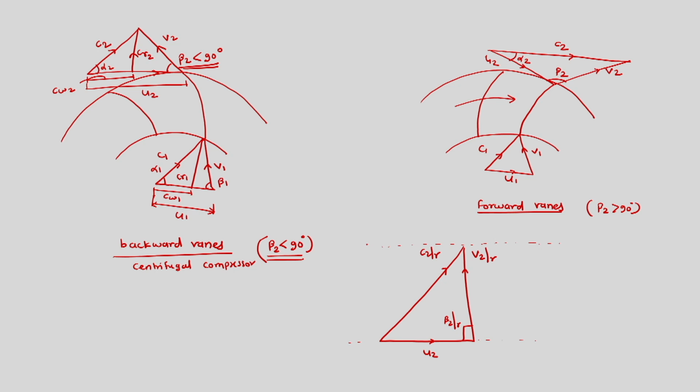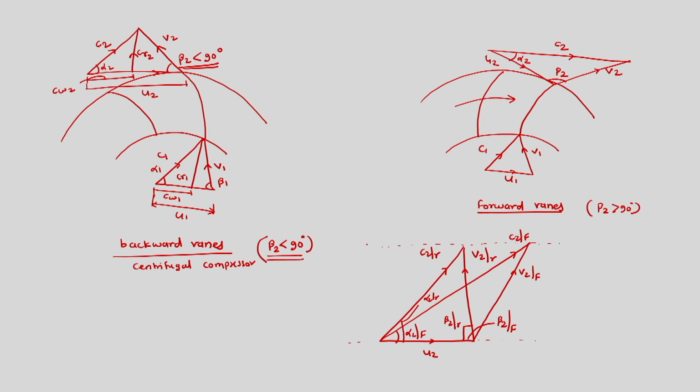So for forward sweep we have beta 2 more than 90, so this would be the option for us, where this is V2 for forward, this is C2 for forward, and this is beta 2 for forward, this is alpha 2 for forward, and earlier we had this as alpha 2 for radial.